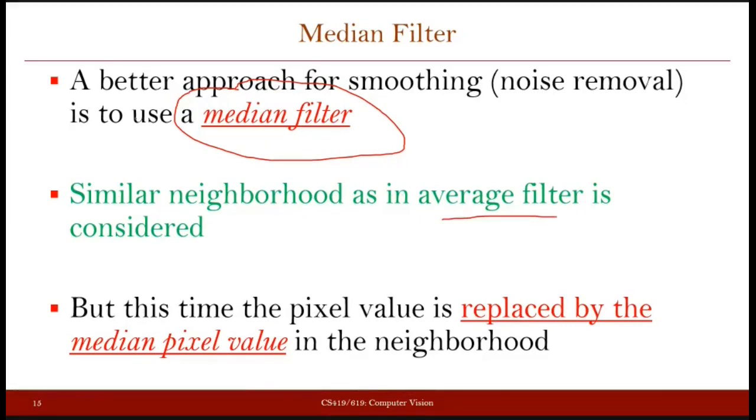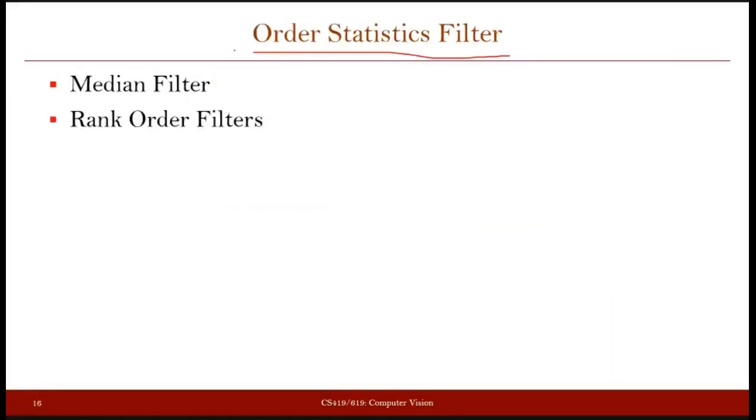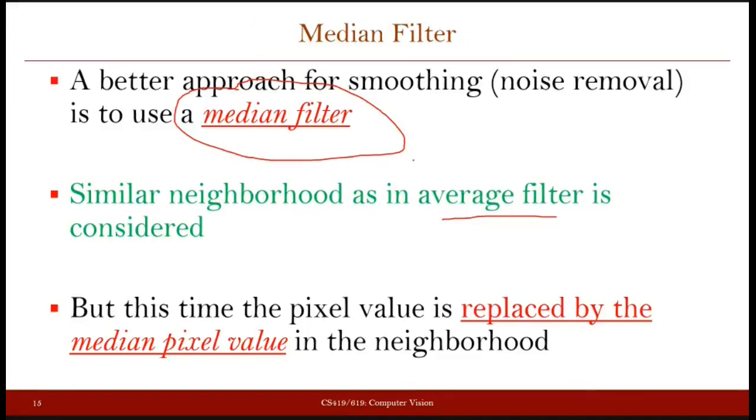In case of the median filter, or in general in case of an order statistics filter, we are going to consider a neighborhood around the pixel for which we are computing the new value.